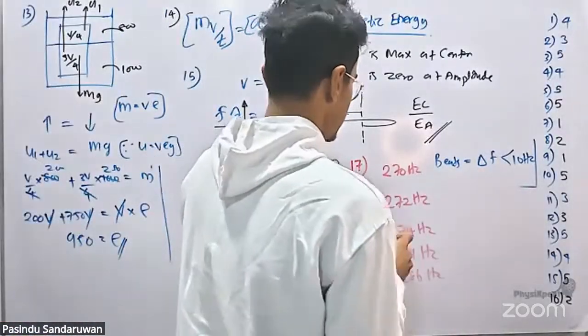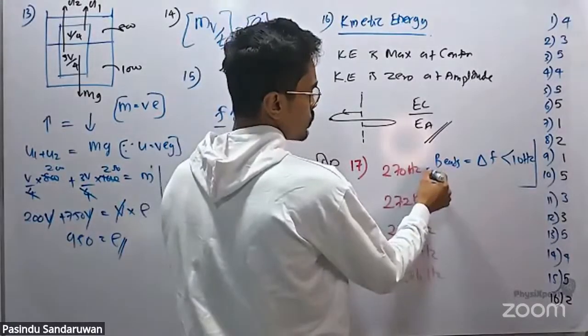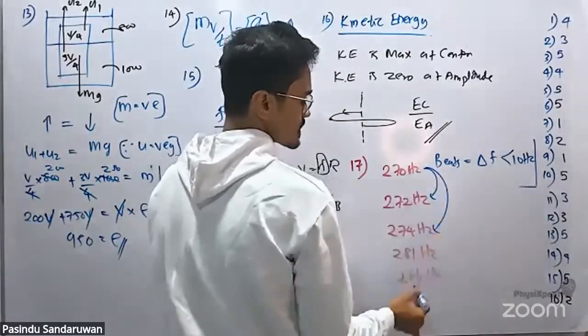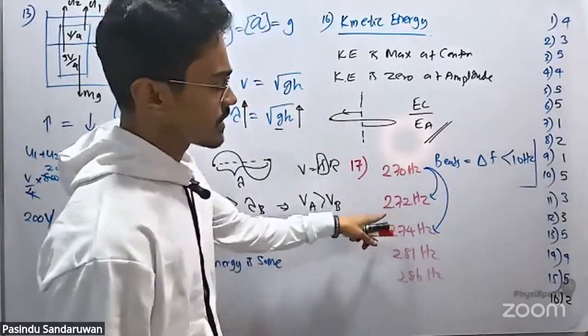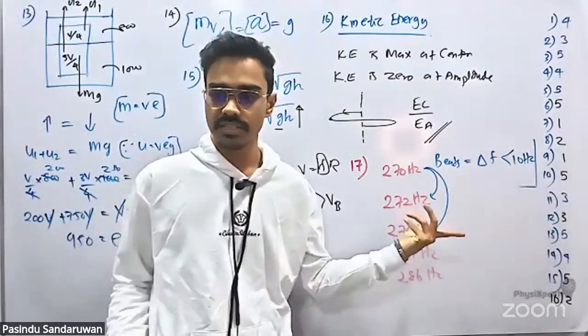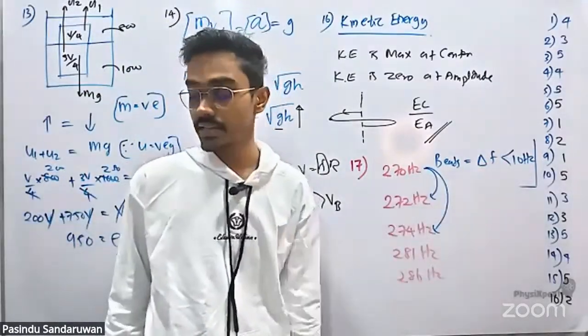Now see, we can do 270 with 272. But we can't consider 270 with 281 because the difference is going to be 11, which is greater than 10.